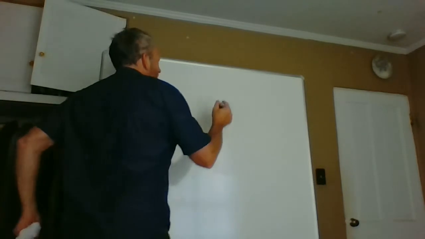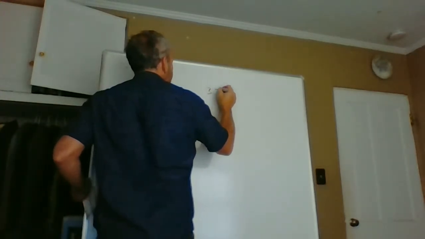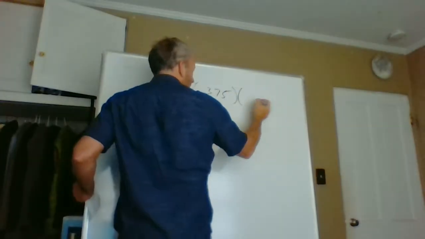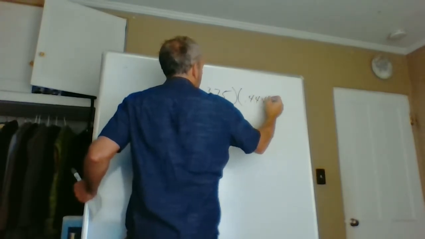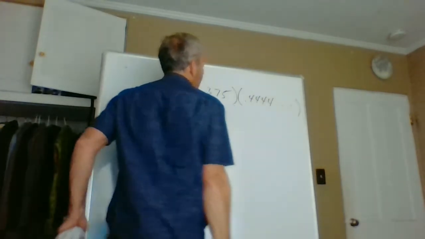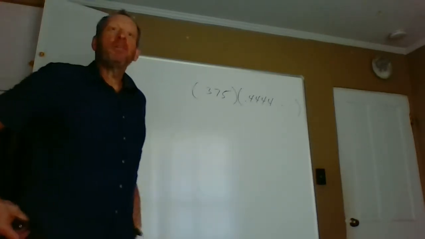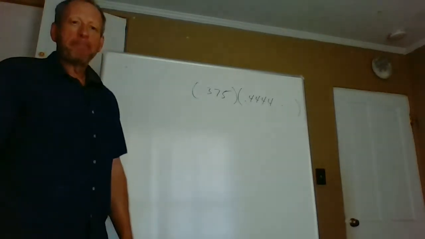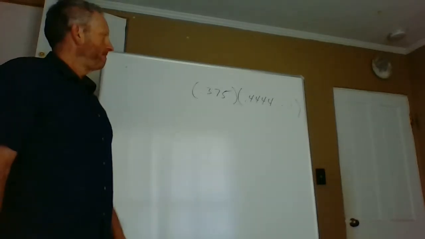Let's say we had this, 0.375, and we want to multiply this by 0.4444 ... Whatever this means right here. It does mean something, but whatever that means. How would you do this multiplication? Think about it for a second. How would you do it?